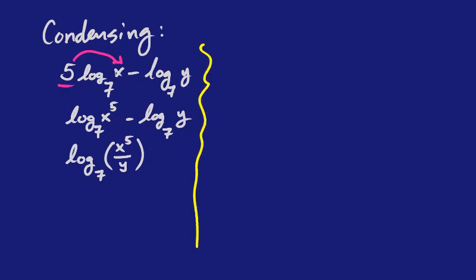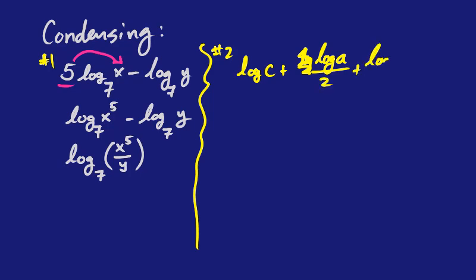If we take a look at this last example I'll do, just so that you can see it one more time. Call this number 2. We've got log of c plus log of a over 2 plus log of b over 2.